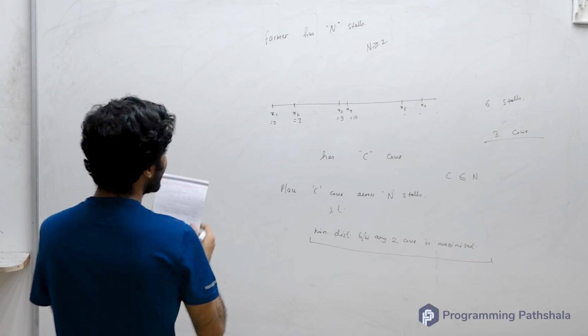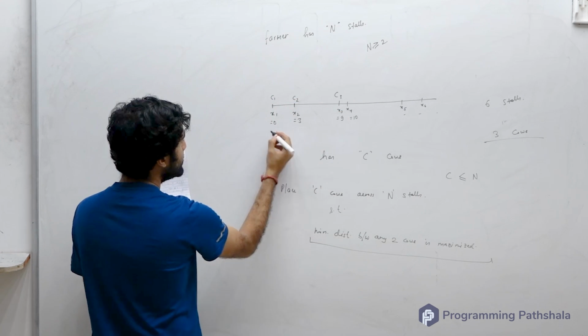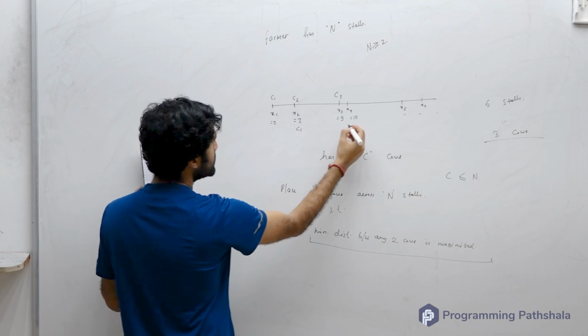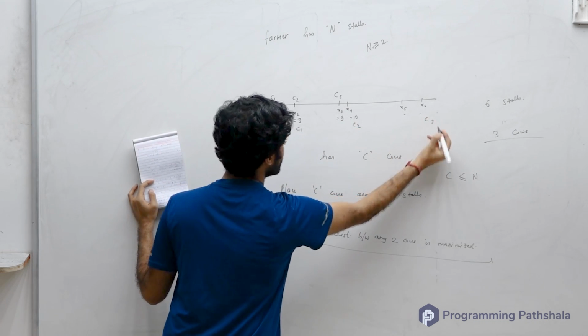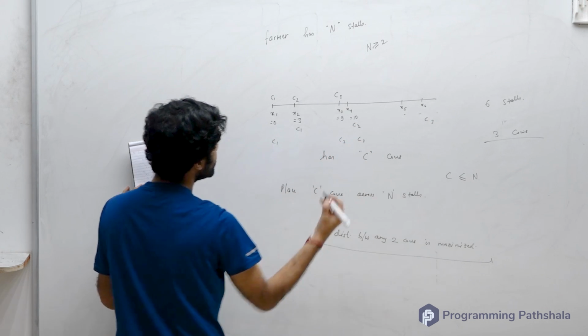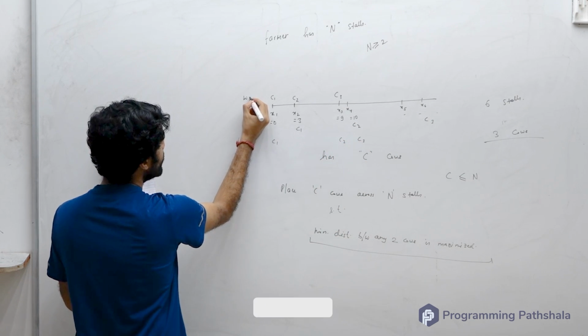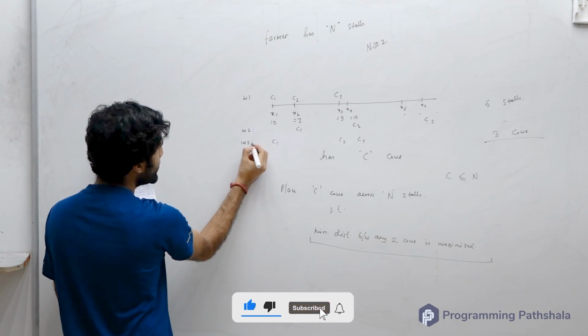One way could have been like this: cow 1, cow 2, cow 3. Other way could have been cow 1, cow 2, cow 3. Another way could have been cow 1, cow 2, cow 3. Let me call this way 1, this way 2, and this way 3.